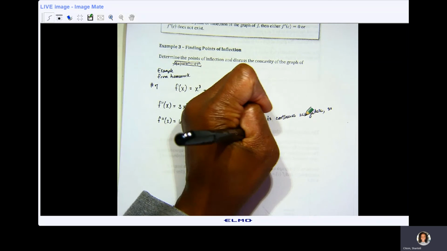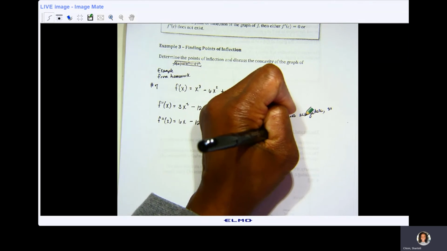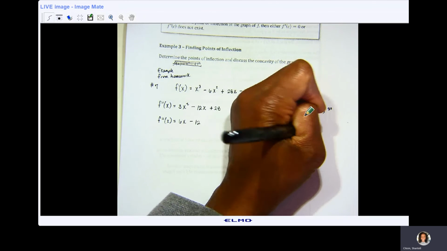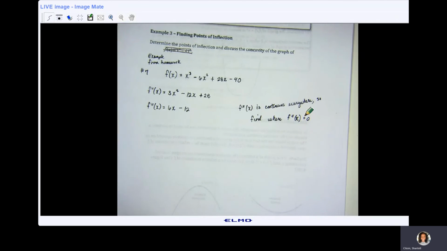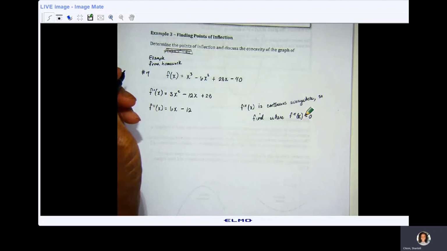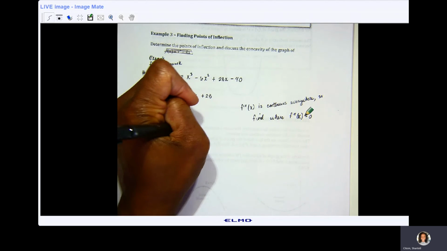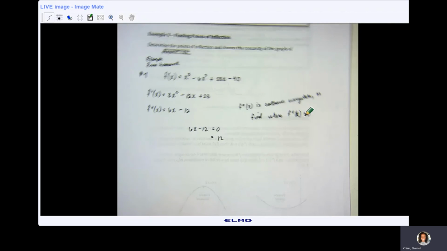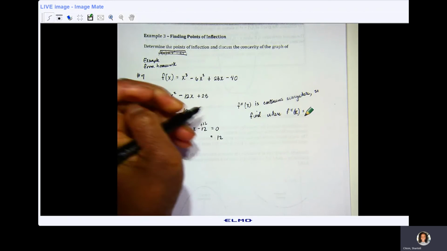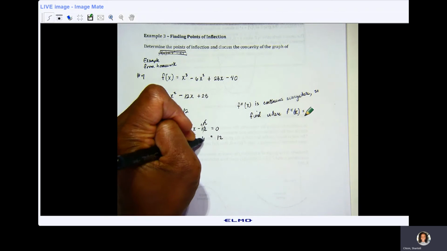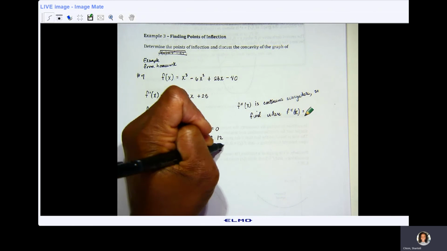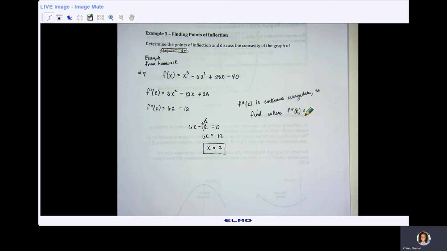So find where f double prime equals 0. Okay? So f double prime equals 0, 6x minus 12 equals 0, take 12 over, I just added it, cancels there, we got 6x, and then divide by 6, we got x equals 2.